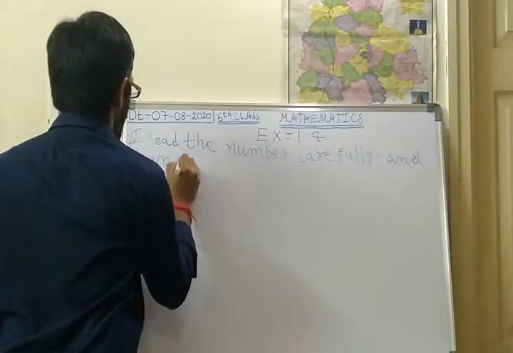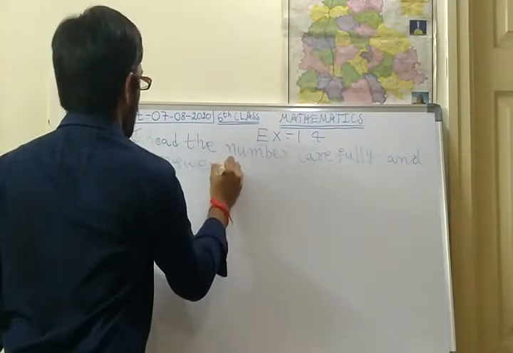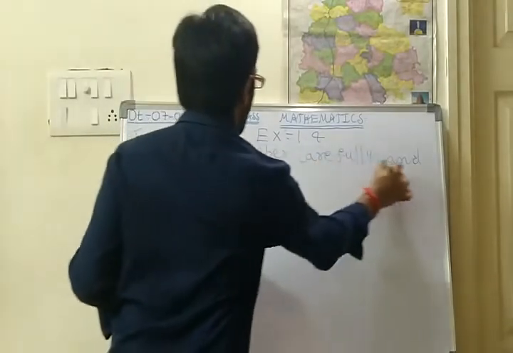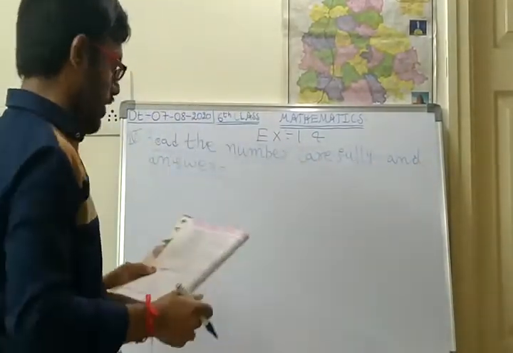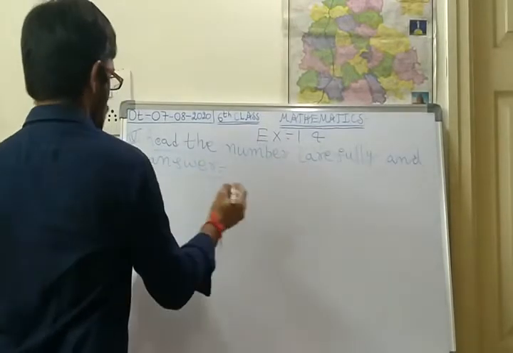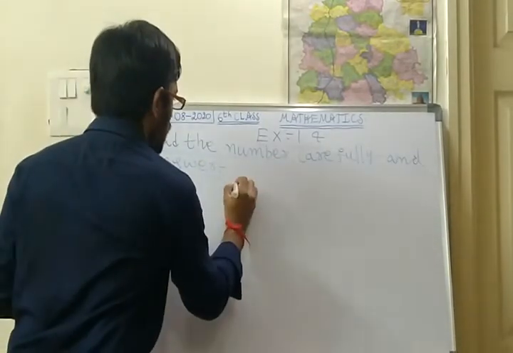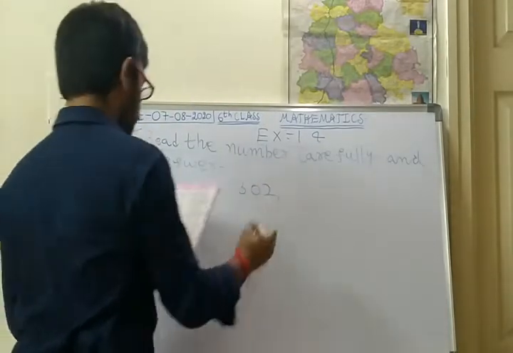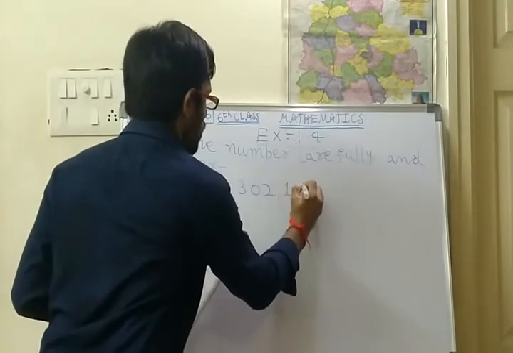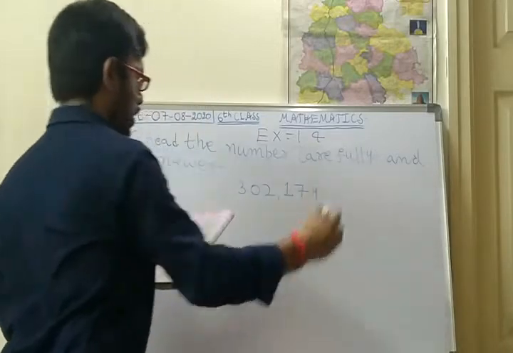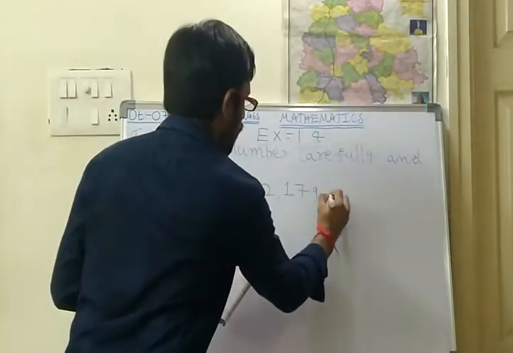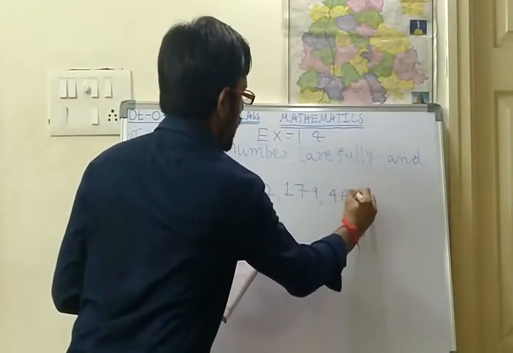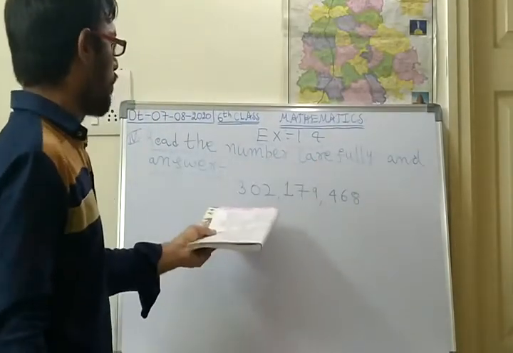So you should read the number carefully and you should answer the question. So what is the number given? 3, 0, 2, comma 1, 7, 9, comma 4, 6, 8. So this is the number given in this question.